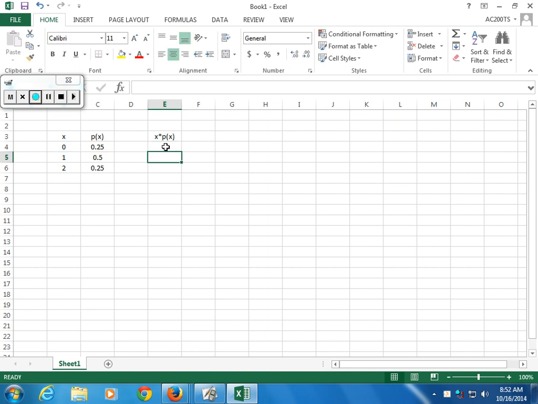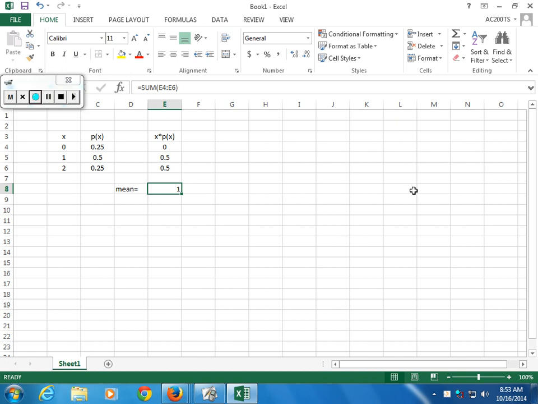And then you copy those down, and then you add them up. And that is your mean. Now, of course, it's not going to always come out to be 1, but in this case, it comes out to be 1.